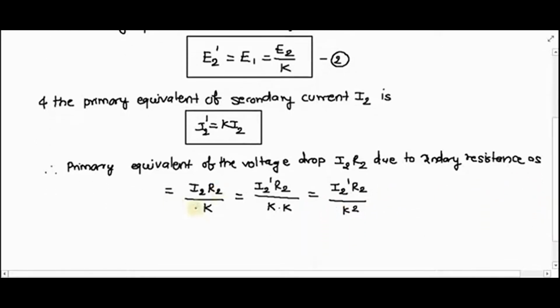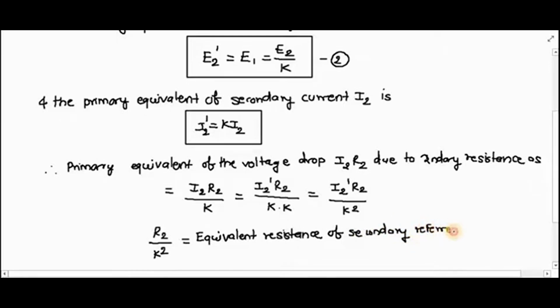So the term R2 by K square in the above equation is nothing but the equivalent resistance of the secondary winding referred to the primary side, and it is denoted by R2 dash as it is transferred.